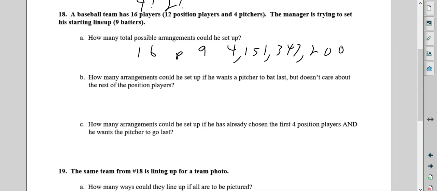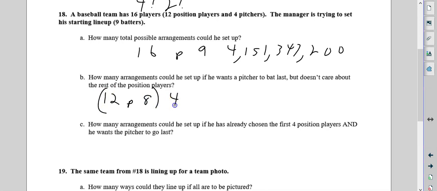It's crazy. How many arrangements could be set up if he wants a pitcher to bat last, but doesn't care about the rest of the other position players? Okay. So the other position players, there's 12. And that gives us 8 here because one has to bat. One of the pitchers has to bat.